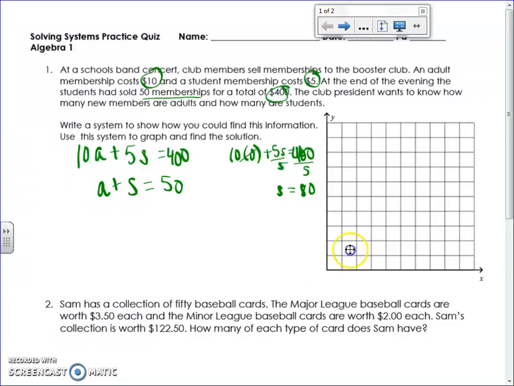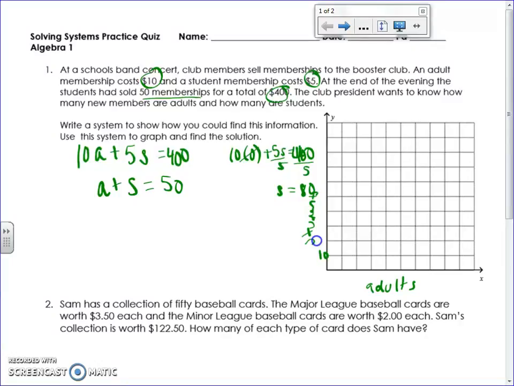So I'm going to go ahead and get my graph set up here while I'm at it. On the bottom here, I'm going to put my adults. It doesn't matter. One doesn't have an effect on the other, so I'm just going to label one as my students, one as my adults. I'm going to go up by tens for both of these because my intercept here is 80, so if I go by tens, it should be somewhere up here. So I should be able to fit it all in my graph.